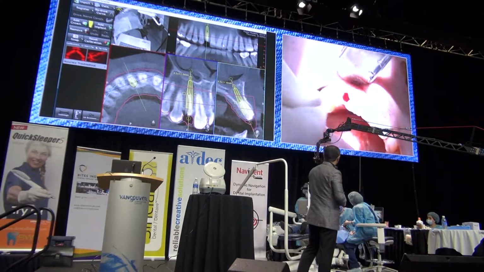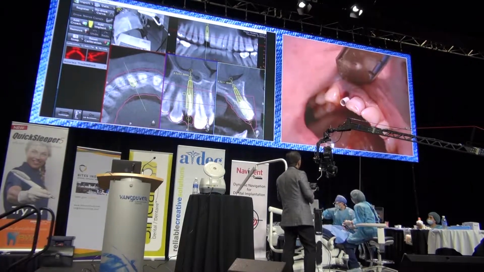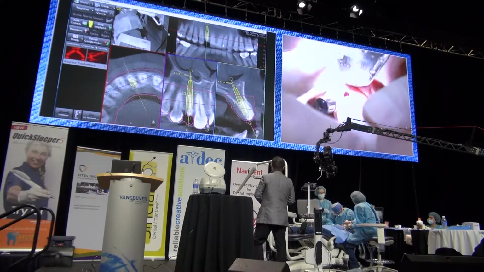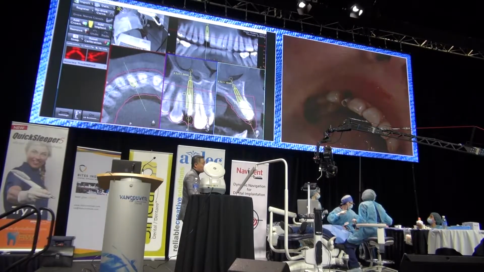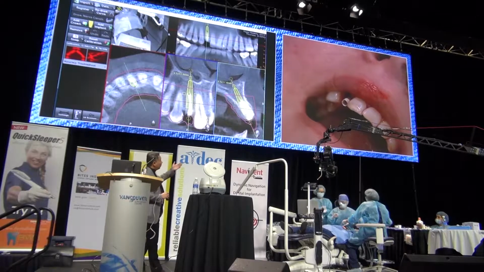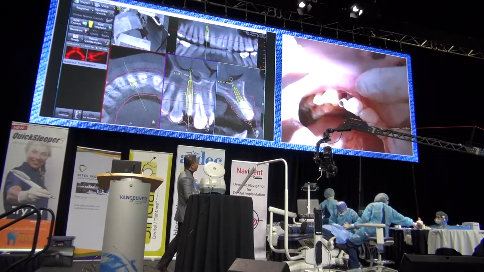So now we're going to put a temporary plastic PEEK abutment into that area. We usually pre-make a shell of a temporary so that we can pick it up intraorally. So we need to pre-make it.